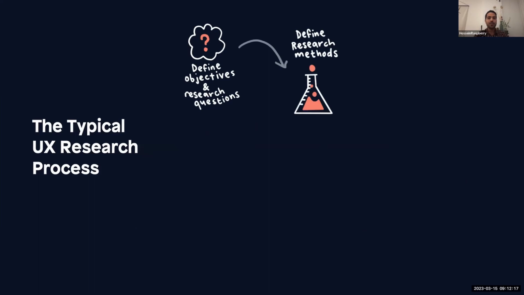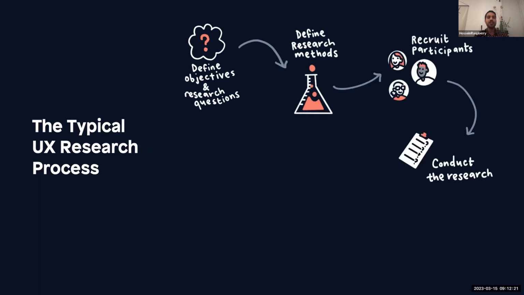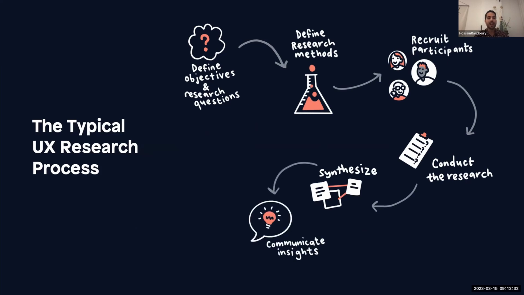It usually involves these steps: identifying and prioritizing research questions and project objectives, defining the research methods, recruiting participants, executing the research. And once the research is wrapped up, you may carry on with other projects while making sure that your stakeholders are not going to suffer from research amnesia and that the insights from the research are not forgotten.